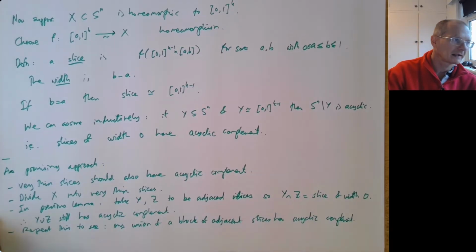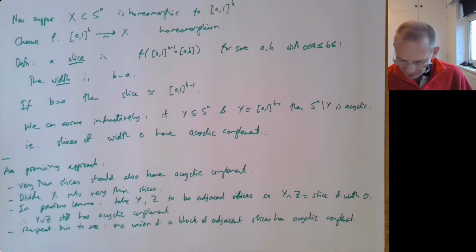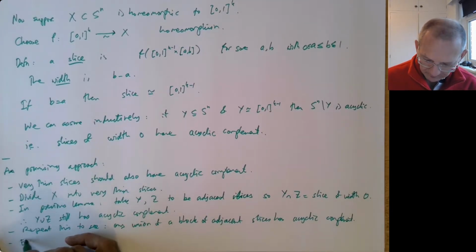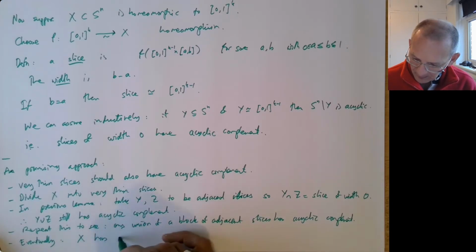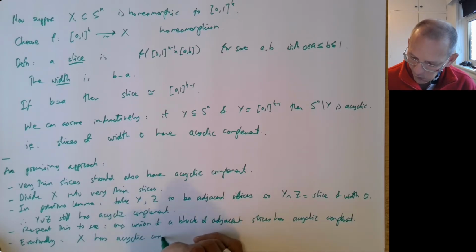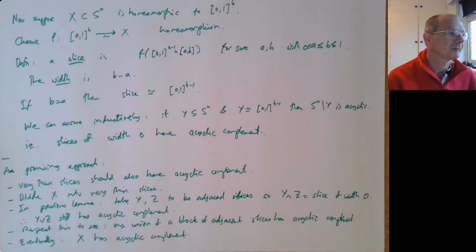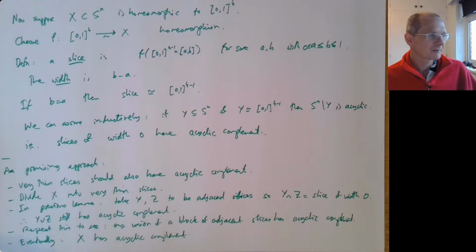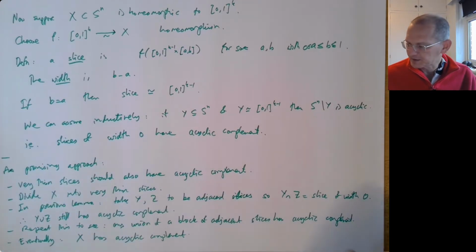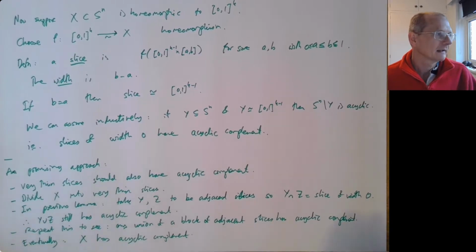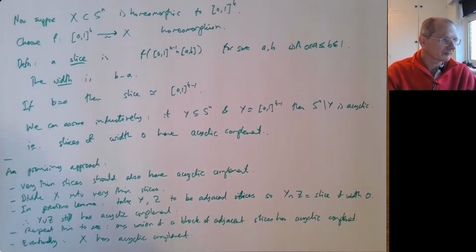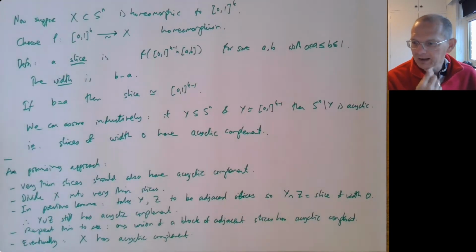So you take any block of adjacent slices, you take their union, and the complement will be acyclic. And so you build all the way up until you've taken the full block of all possible slices. That gives you the whole set X, and you see that X has acyclic complement. So that seems good, except that this first step we didn't really justify, and it seemed actually not really possible to justify it as it is. We have to reorganize these ingredients in a slightly different way to get a proper proof.